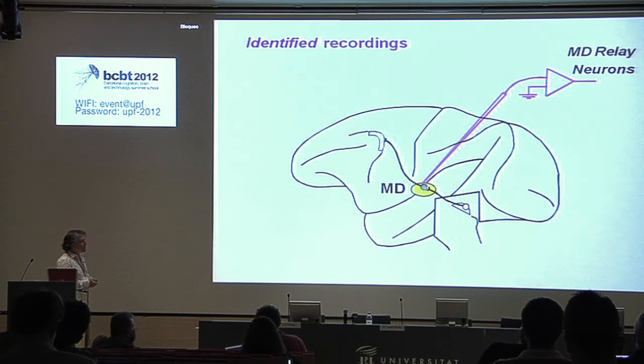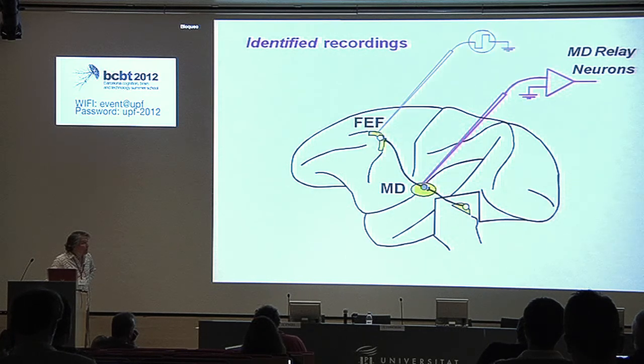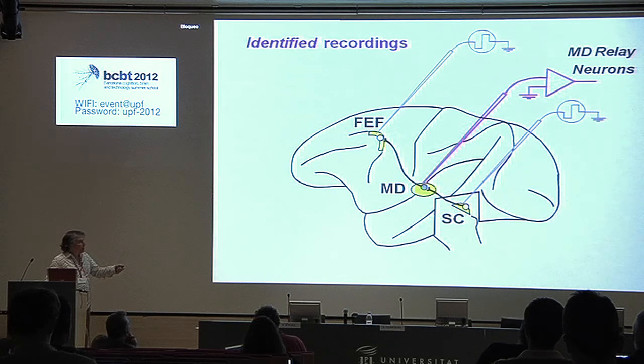So we would get our electrode in the general vicinity of where we thought the pathway was running through, and we would verify that the neurons we recorded were part of the pathway by using stimulation methods. On a daily basis, we put a recording electrode in to record from neurons, but we also had stimulation electrodes implanted with their tips in the frontal eye field, and another set of electrodes with their tips in the intermediate layers of the superior colliculus.